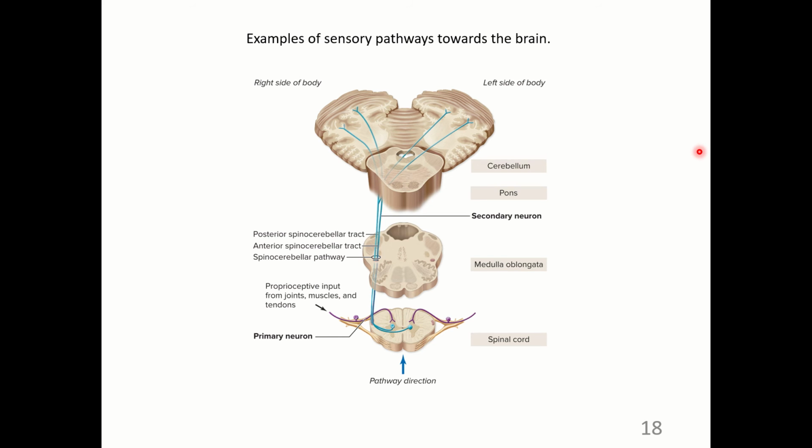This is another example of a sensory pathway towards the brain. We see that this is for proprioception, which is balance and equilibrium. And we have information coming from both sides of the body, and one will remain ipsilateral and one will come in and be contralateral.